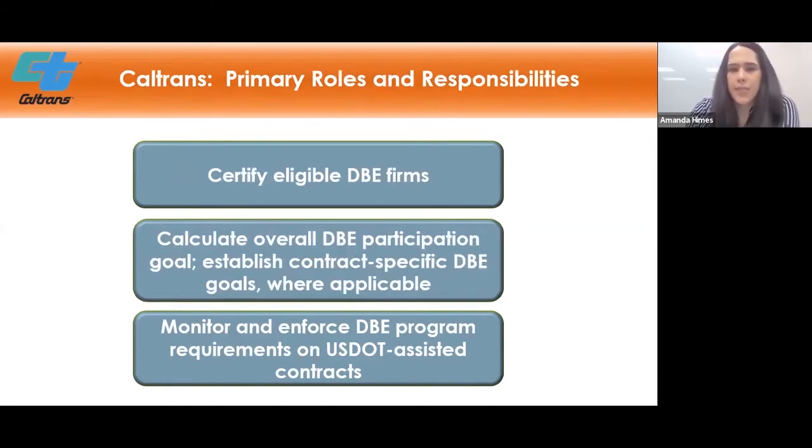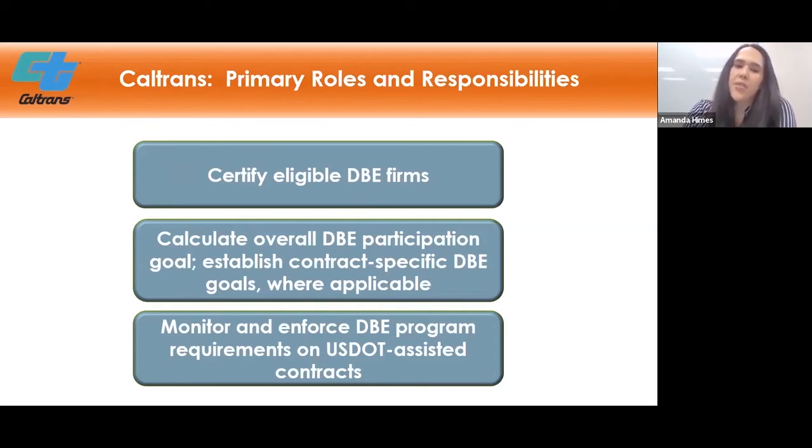So for Caltrans, our primary role and responsibility is to certify eligible DBE firms. We are the main certifying agency in California, so we can certify statewide. However, we will talk about contacting your local certification agency as well in the next couple slides. So what else does Caltrans do?